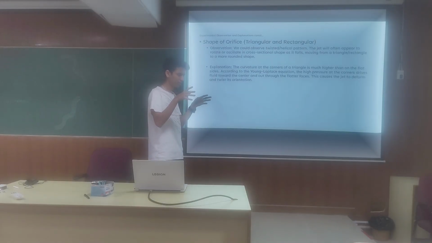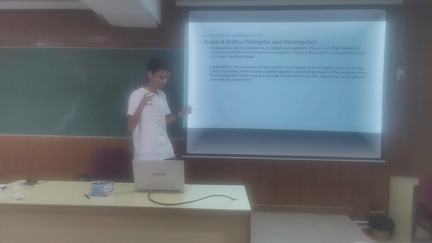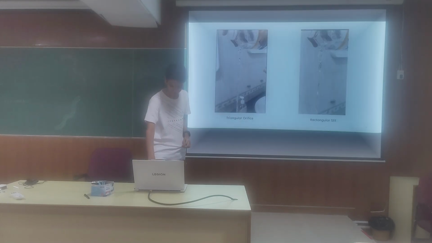This can be explained since the water's surface tension tries to reduce the surface area to reduce the surface energy, it tries to take the stream from a triangular or rectangular shape to a more rounded circular shape. So that's why the twisting happens, and the pattern is also created.